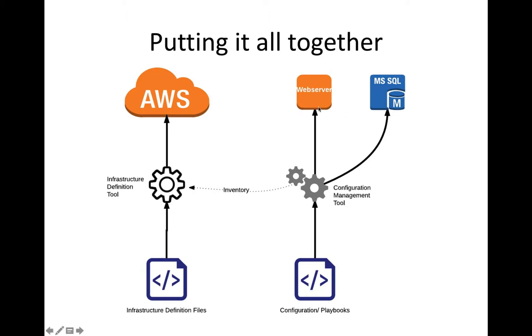Some of them might be web servers or database servers. Maybe some of them are message bus servers or caching servers. We can use our configuration management tool to define what those servers then become. So configuration management works hand in hand with infrastructure definition, and both of them use code files.